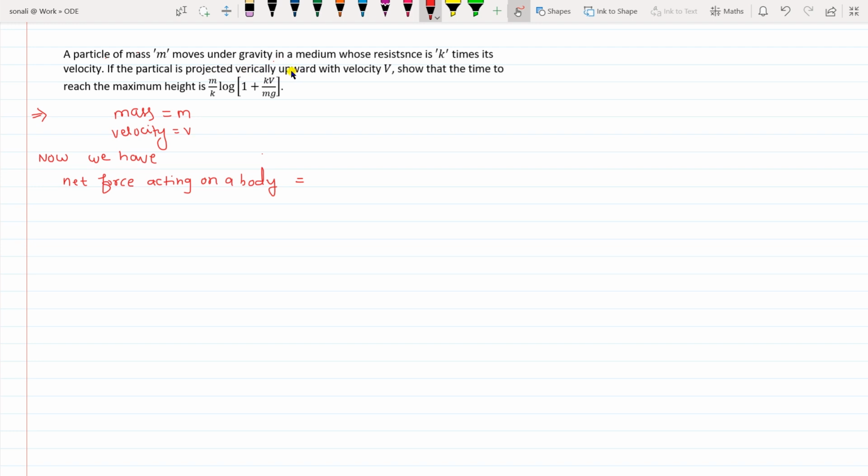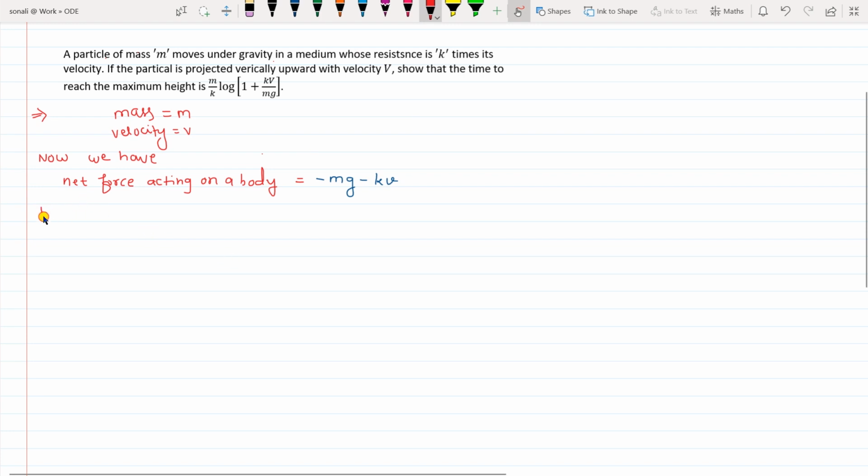At that time, gravitational force acts negatively, and also resistance is given, k times its velocity. Means both these forces are acting on that body in negative manner. So the net force acting on the body we can write as mass into gravity, which acts negatively, and also resistance, it is k times velocity. So this is the net force acting on the body.